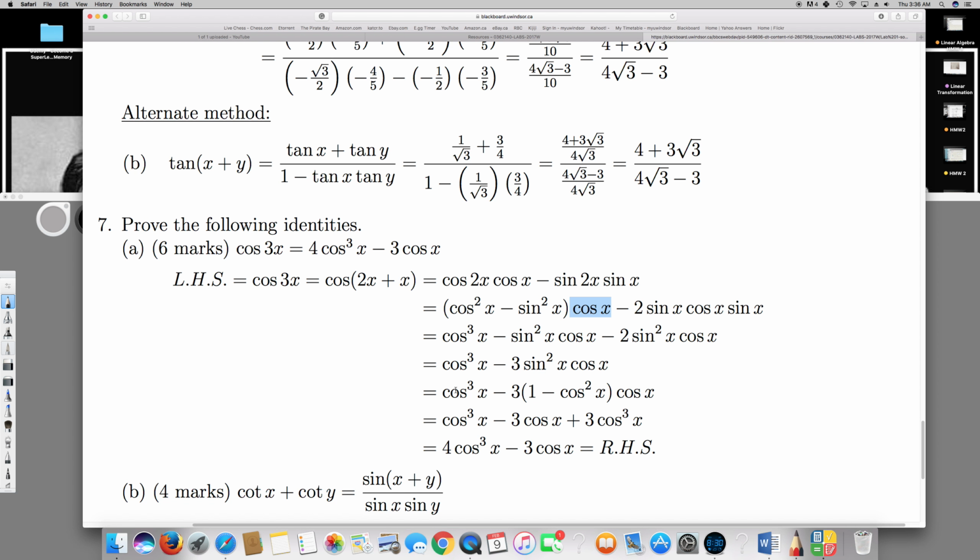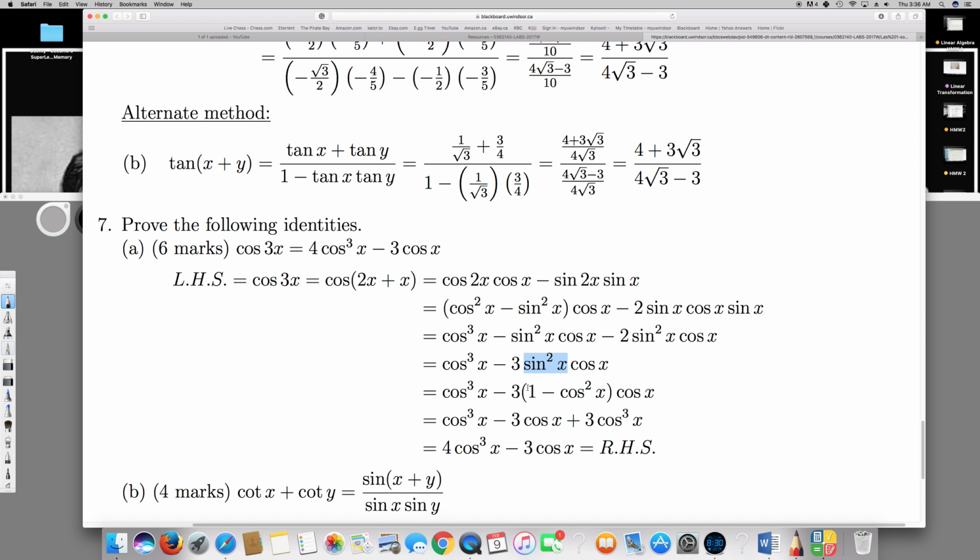Taking the 3 common, it's cos cube x minus 3 times sin square x times cos x, because according to the trigonometric identity, sin square x is equal to 1 minus cos square x.